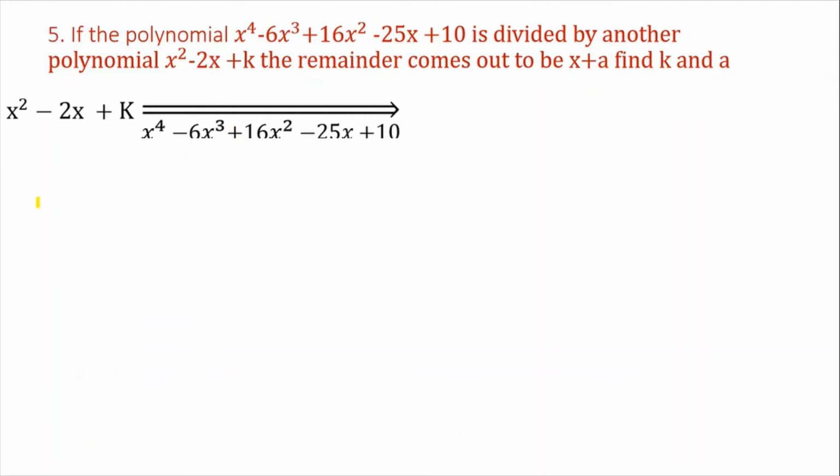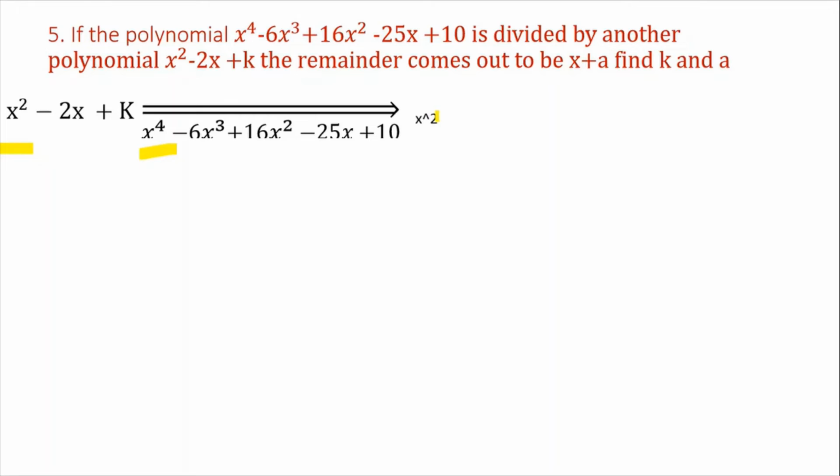In the division process, first we have to check what is the highest power of x term present in the divisor, that is x squared, and what is the highest power of x term present in the dividend, that is x power 4. Now I want to convert x squared into x power 4 by multiplication of x squared as a coefficient.